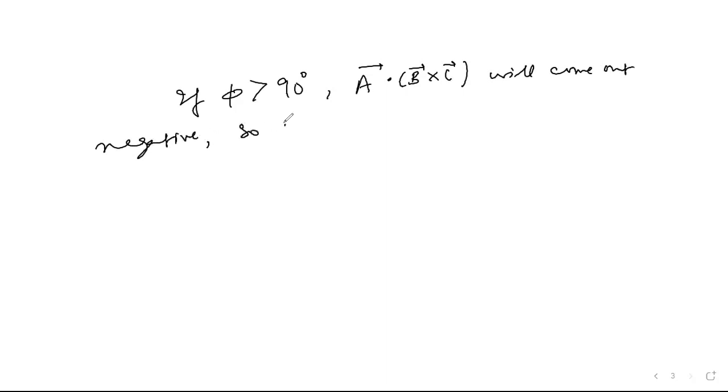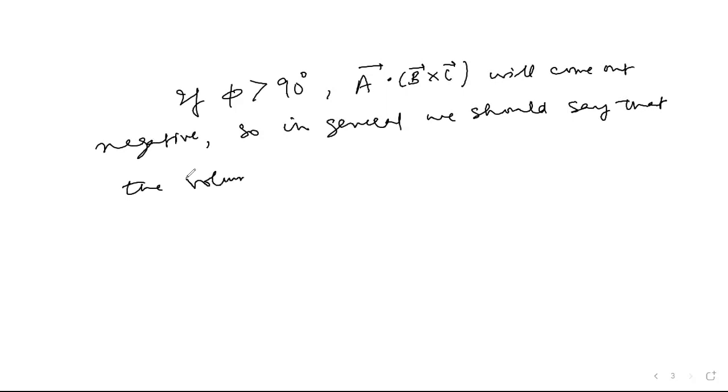So in general, we should say that the volume is the magnitude of A dot B cross C, right? In order to remove that negative possibility.